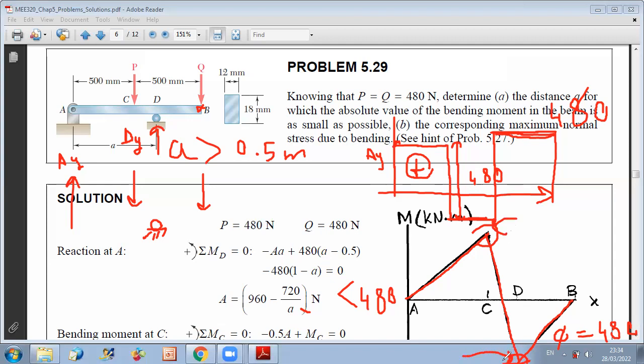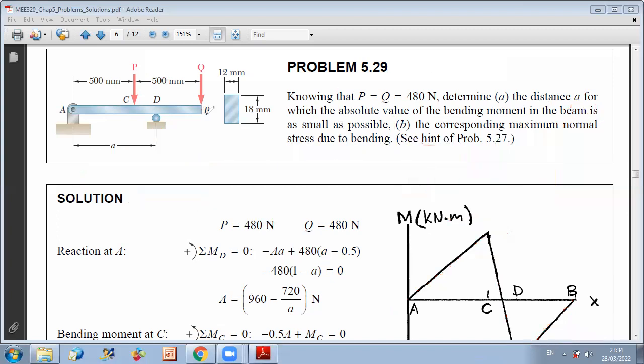To get the value of the moment at C, we can just do a cut at C. If you do a section at C, you can get the expression of the bending moment at C. You have this is AY. When you do the section at C, this is M of C, and the distance from A to C is 0.5 meters.